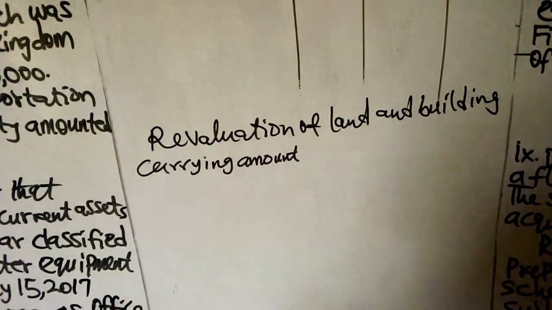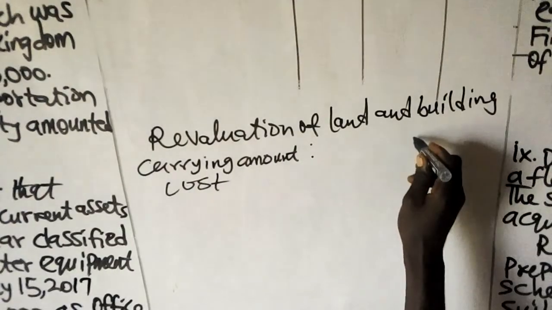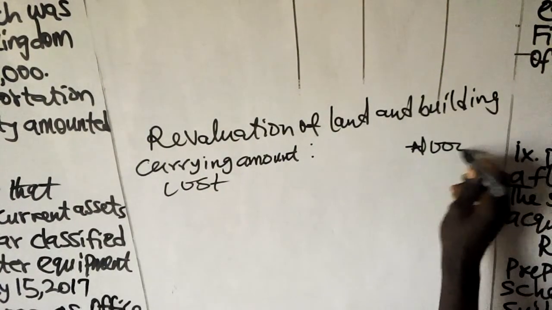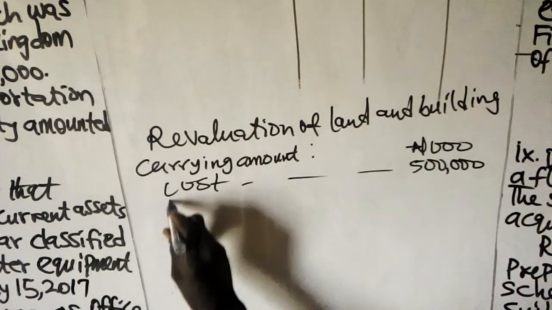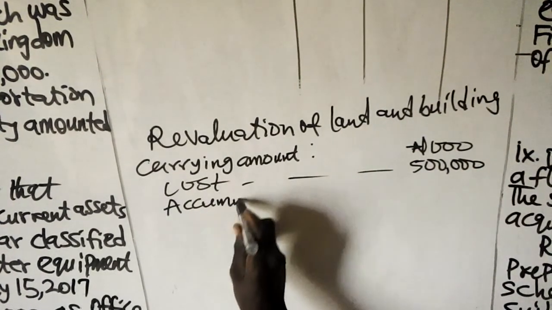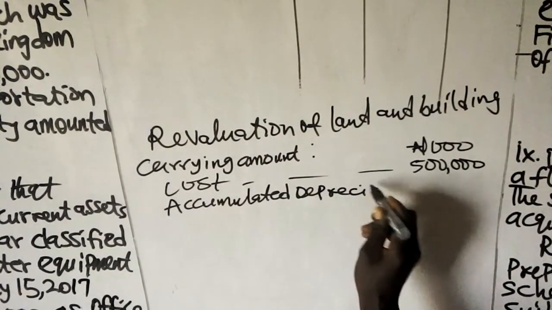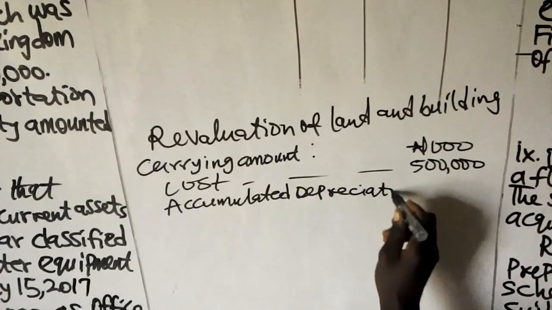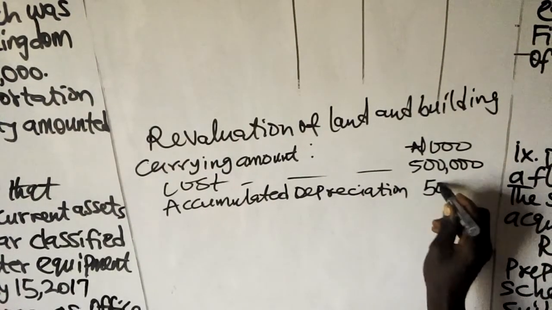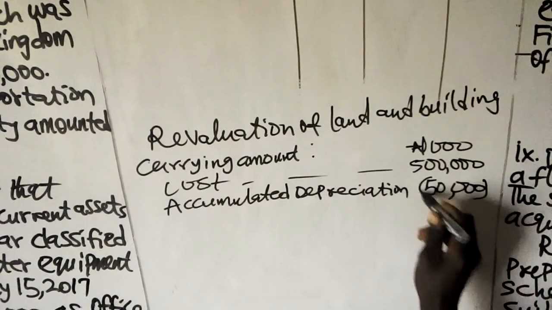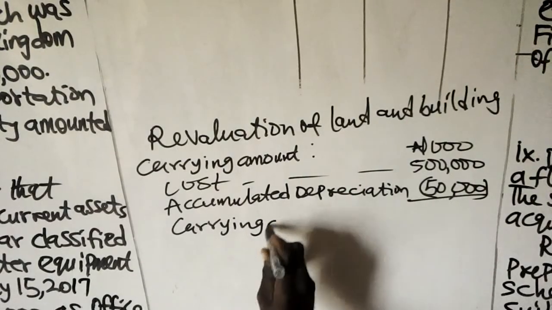The cost of 500,000. Accumulated depreciation as at 1st of January 2018 or 31st December 2018 is 50,000. When you subtract that, that means the carrying amount.